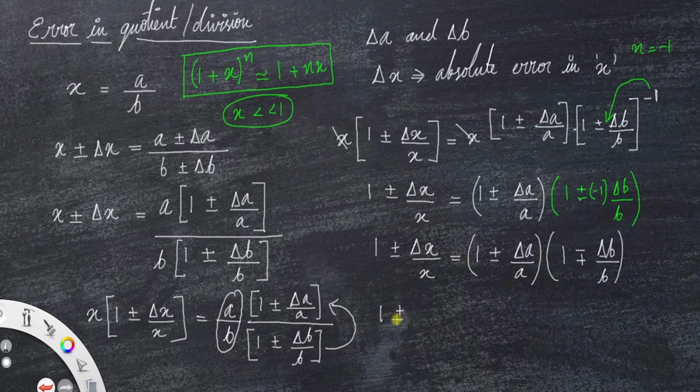1 plus or minus delta x by x is equal to, this plus minus we already discussed, minus or plus is actually plus or minus. So 1 plus or minus delta a by a into 1 plus or minus delta b by b.